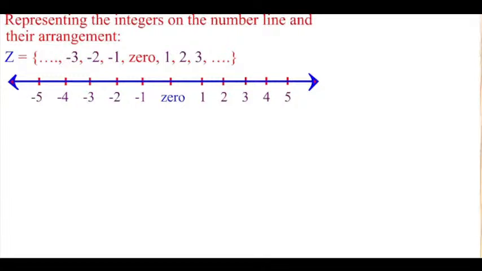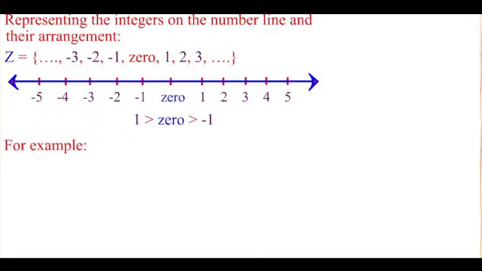And the arrow drawn to the left side means continuity of Z negative to infinity. The numbers are arranged ascendingly from the smallest to the greatest in the direction from left to right. For example, 1 is greater than 0, which is greater than -1.